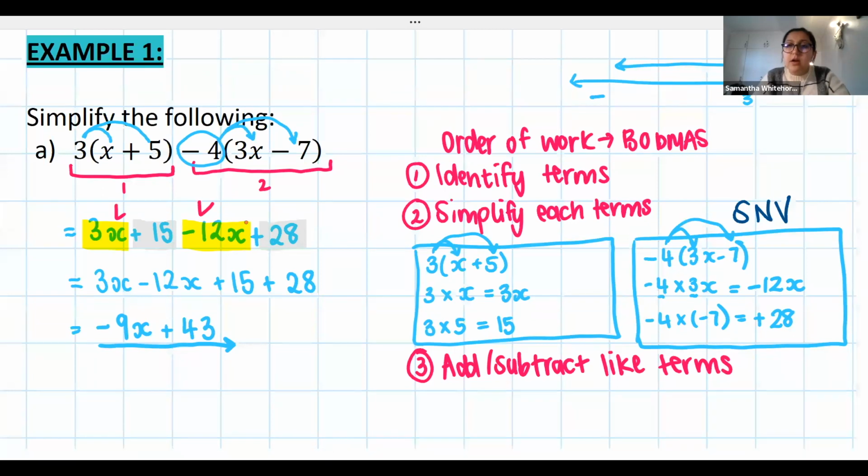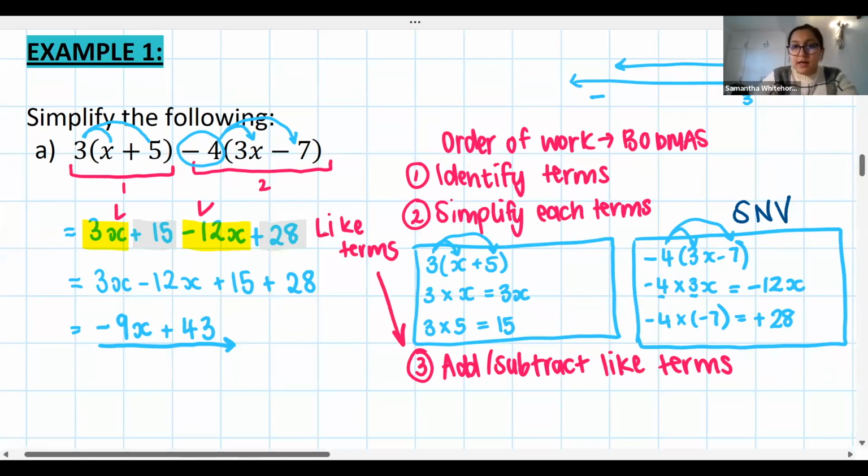Yes. Okay, so I'm adding them, remember, because they are what we call like terms. So this is step 3 here. I can only add or subtract like terms. Like terms have the same variable or variables and the same exponents.